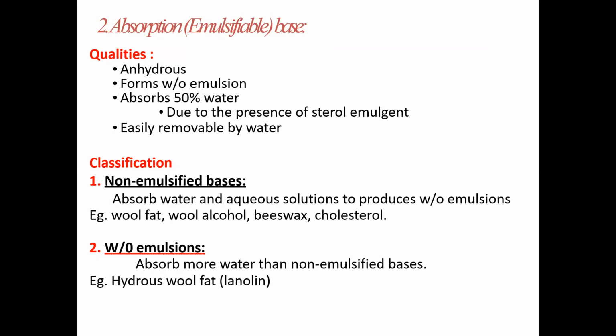Next, classification of absorption bases. There are mainly two types: first, non-emulsified bases, and second, W/O type of emulsion bases. Non-emulsified bases absorb water and aqueous solutions to produce W/O emulsion, for example wool fat, wool alcohol, beeswax, and cholesterol.